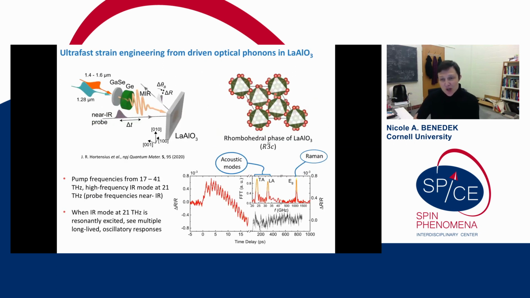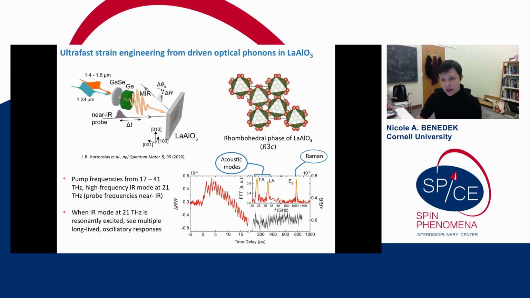At room temperature, lanthanum aluminate adopts this rhombohedral structure with octahedral rotations in space group R3-bar-C. The octahedra are rotated about the pseudo-cubic 111 perovskite axis. So for you, that's the direction coming out of the screen.